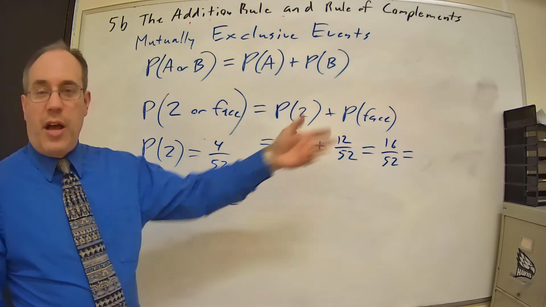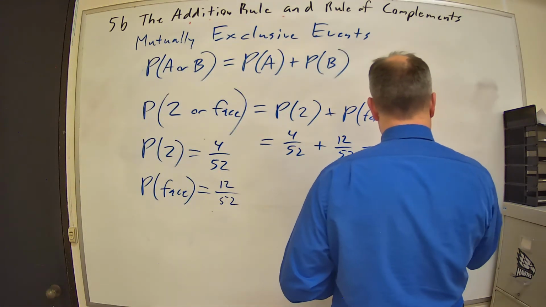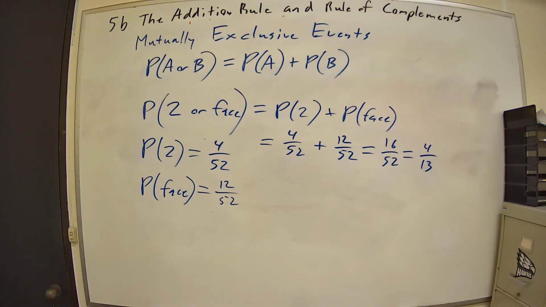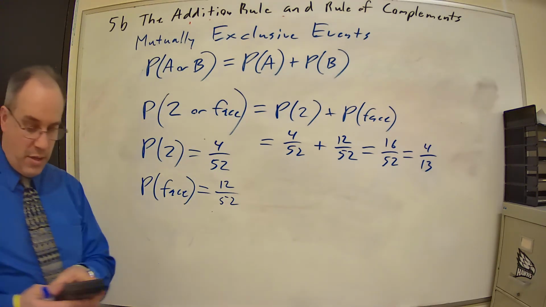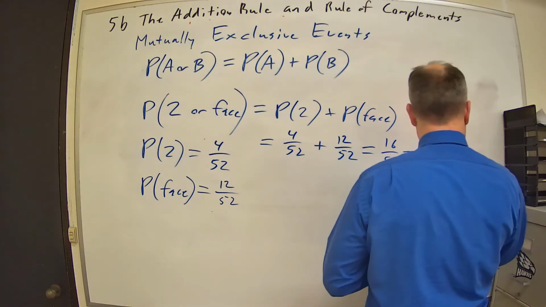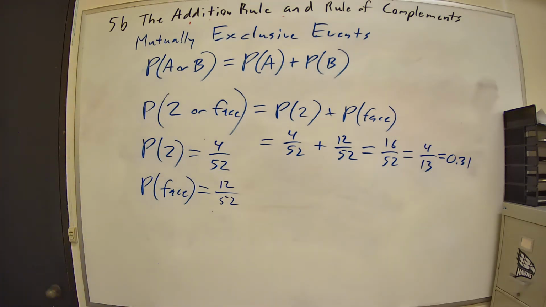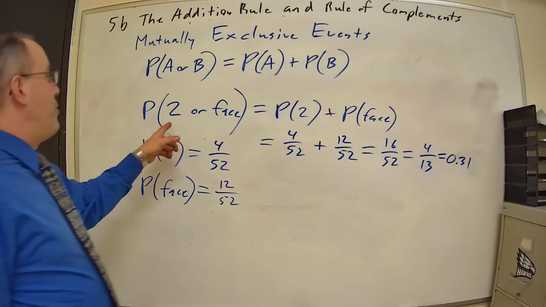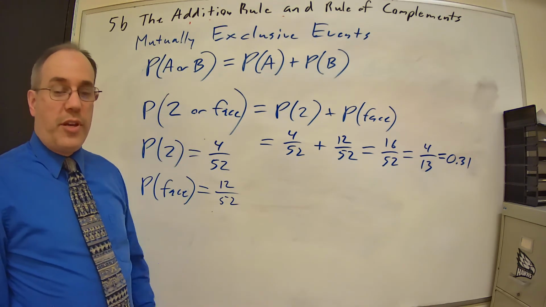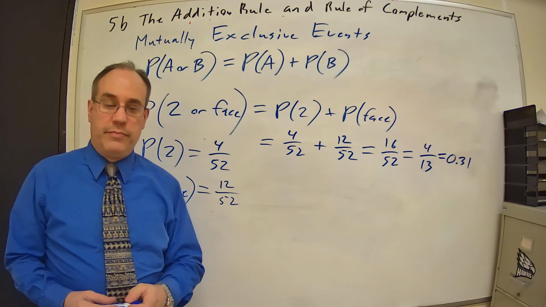If I divide top and bottom by 4, I get 4 over 13, or if I want to put that as a decimal, that is approximately 0.31. And that is the probability that we select either a 2 or a face card, because these are mutually exclusive events.